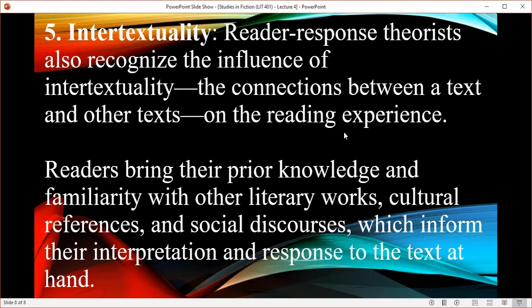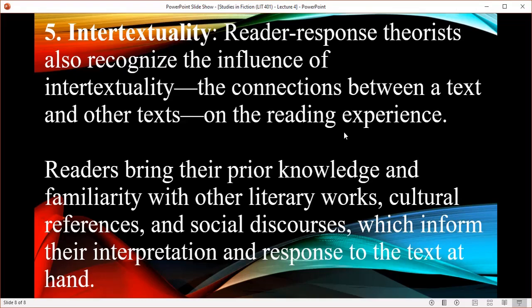Therefore, there is need for cultural references, social discourses for the interpretation of what is read in a text. So the reader capitalizes on his or her past experiences, makes references to the knowledge he or she has gathered, social relationship, before coming to interpret a particular text.